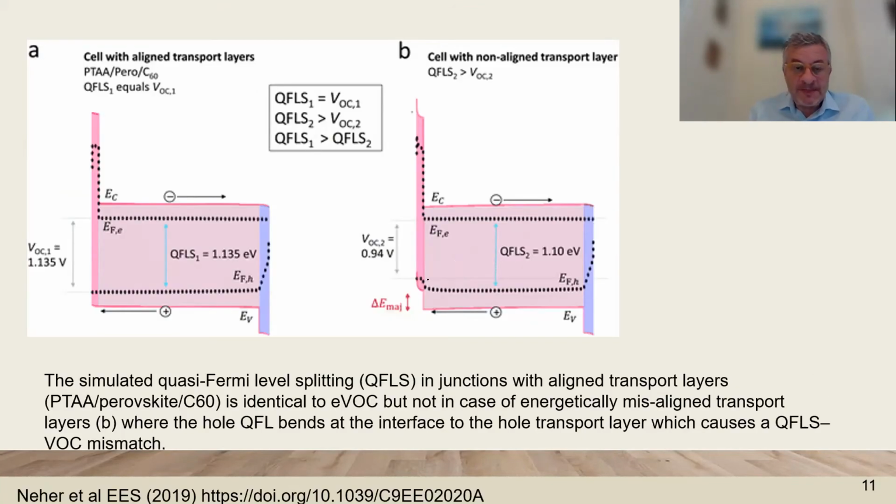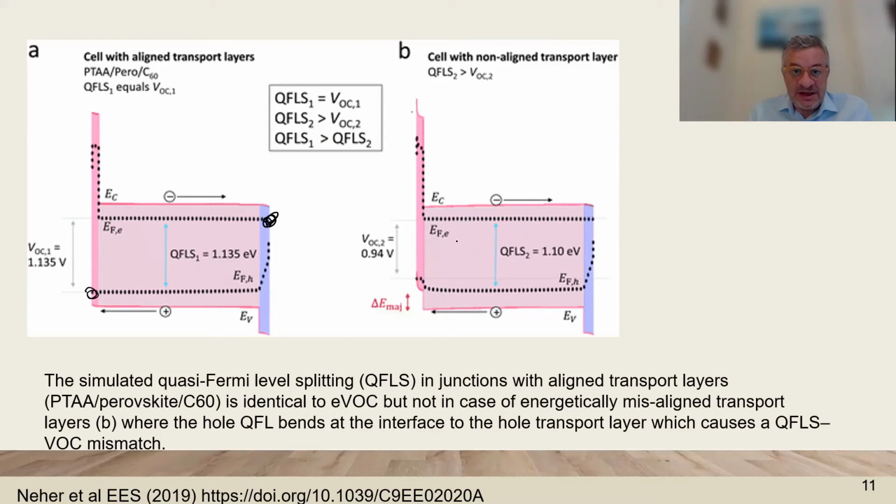But if the contact is deficient, then it will decrease the VOC. Here in the left case, we have a very good extraction of the voltage of the internal Fermi levels at the two contacts, and at the right side, the whole selective contact is producing some bending and not contacting well the Fermi level of holes.